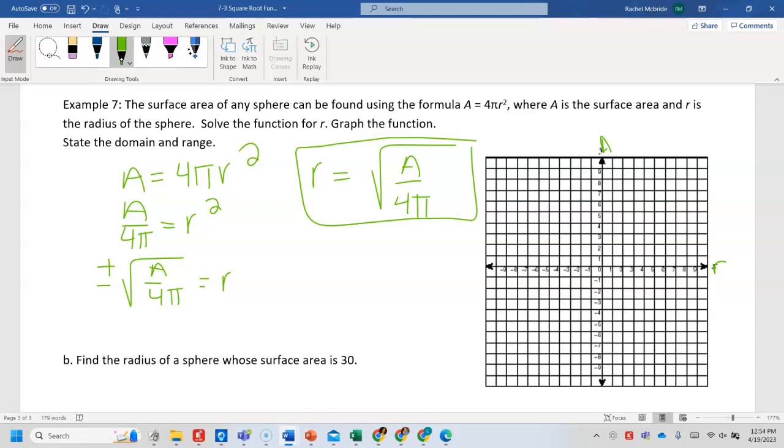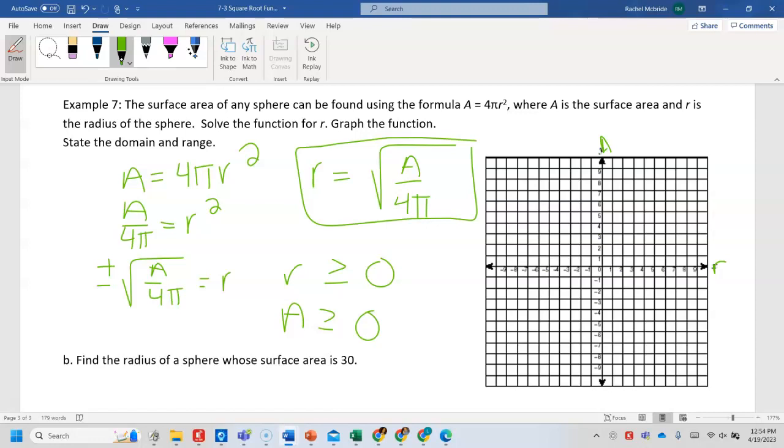So if we're talking about the domain and range of these functions, we should understand that both the radius and the area must be greater than or equal to 0. Never going to have a negative area.